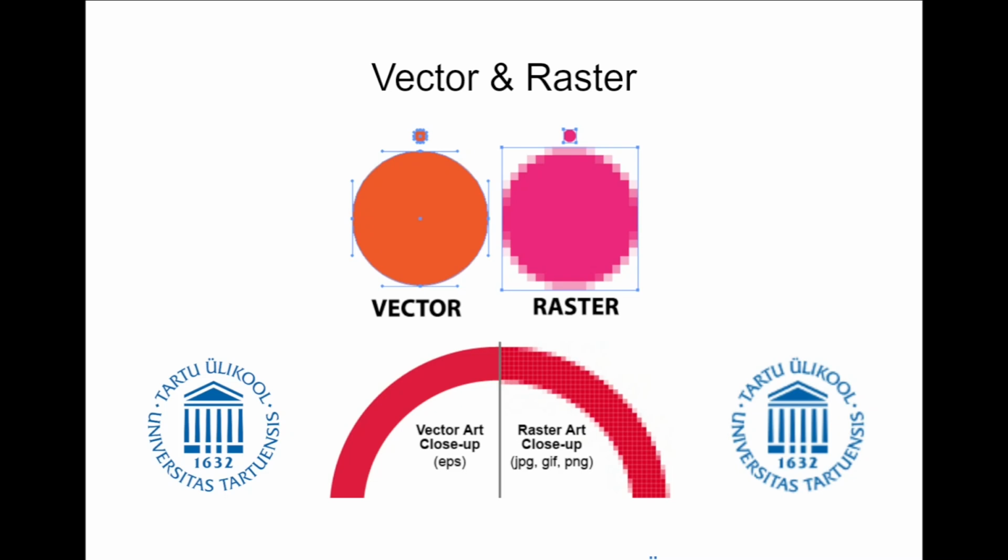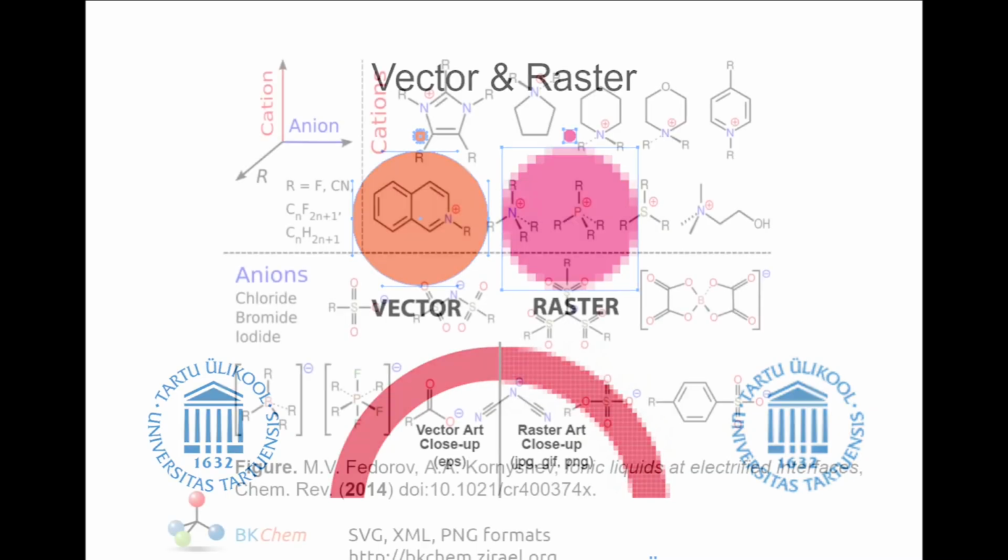Here I'm showing the logo of the University of Tartu on the left, and you can zoom as much as possible and you will still see smooth curves. On the right you see the same logo, but now it is rasterized, and if it's a small one you might not see the difference, but if you zoom in you will definitely see a blurry image because you can start seeing pixels.